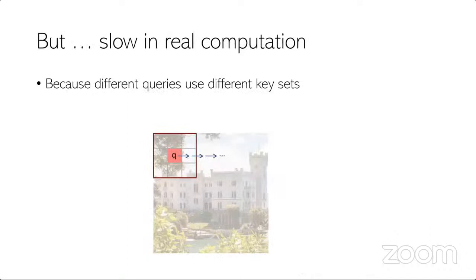However, though theoretically as efficient as ResNet, it's much slower in real usage. A main reason is that different queries use different key sets, which is unfriendly to memory access. Please see this illustration. For the center point Q, we use all pixels inside this red window as keys.